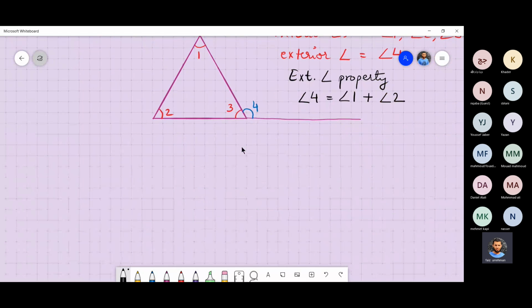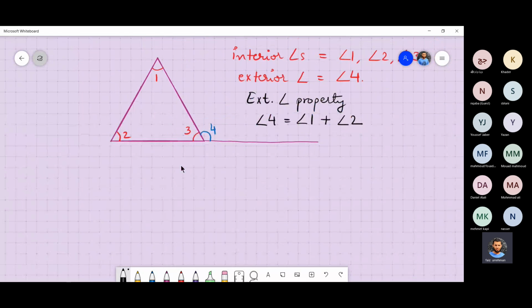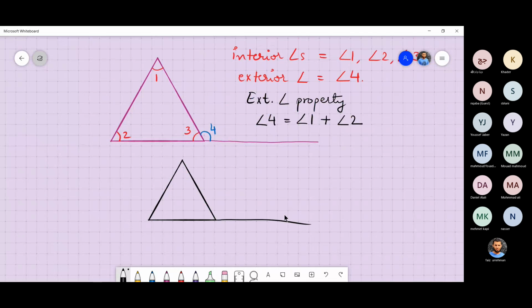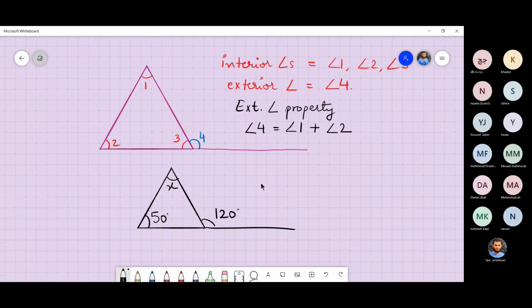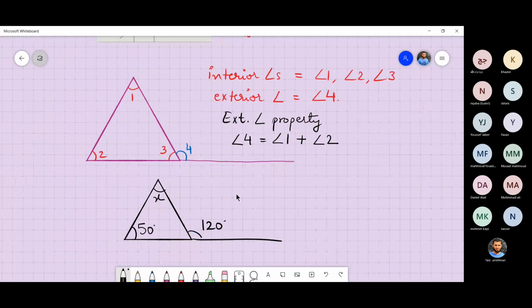Okay, now let me give you an example. If this is 120, this is x, this is 50. Can we find x? Yes, because 120 is exterior and of the interior opposite angles, one is given, one is not given.